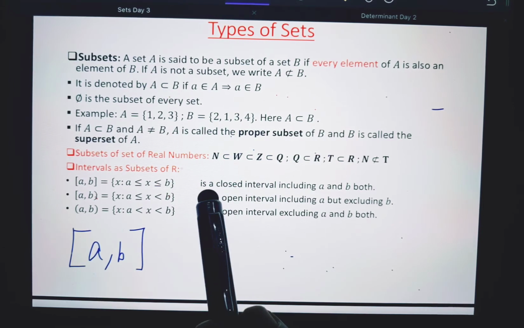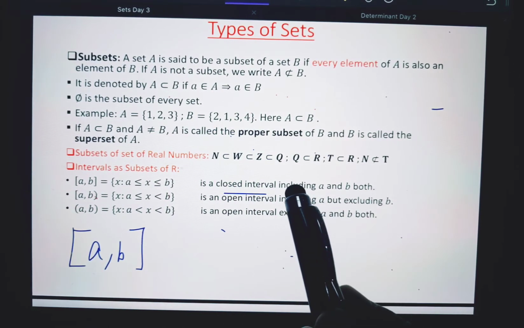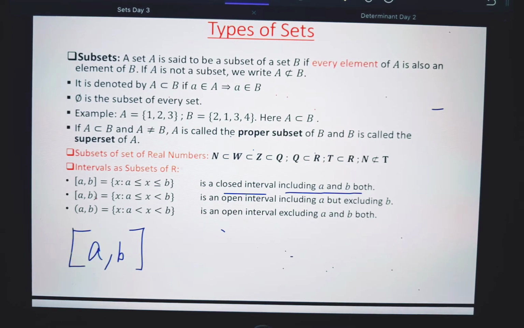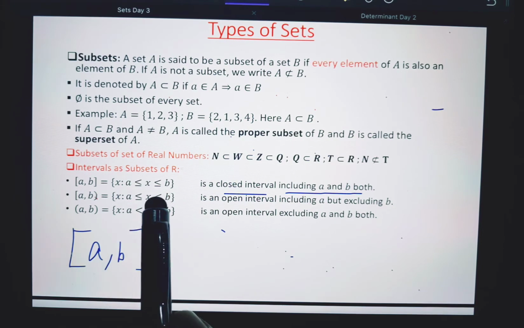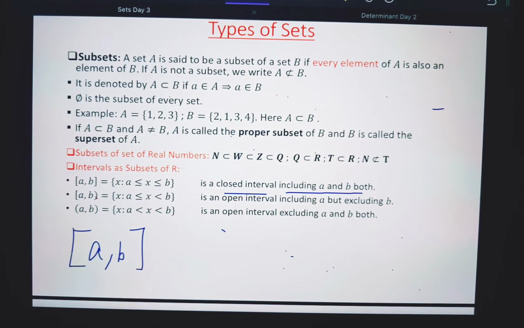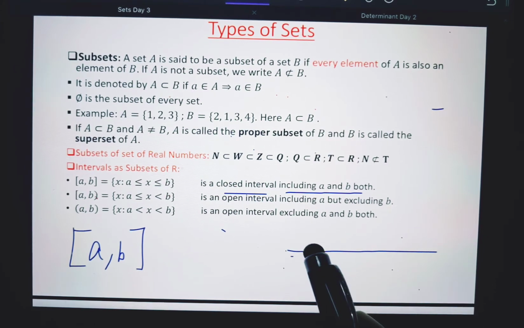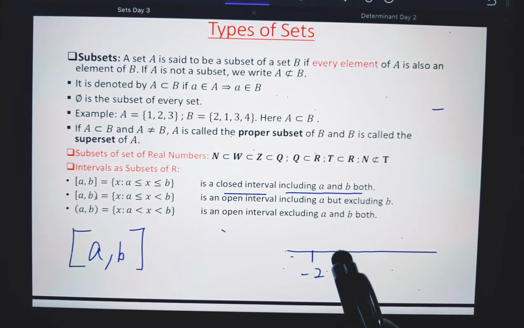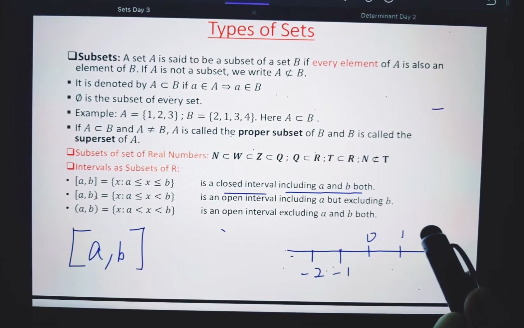Am I clear? What does it mean? It means a closed interval including a and b both. What do you mean by including a and b both? x is equal to a also, x is equal to b also. Understood? So if I have a number line like this: -2, -1, this one is 0, this one is 1, this one is 2.